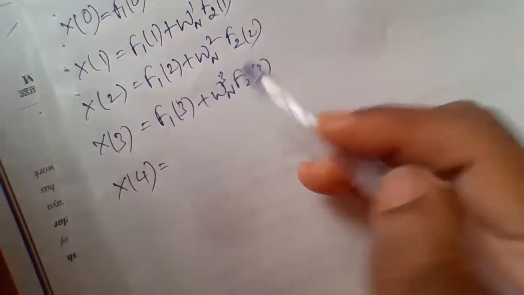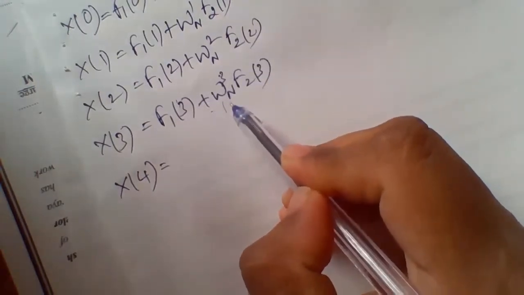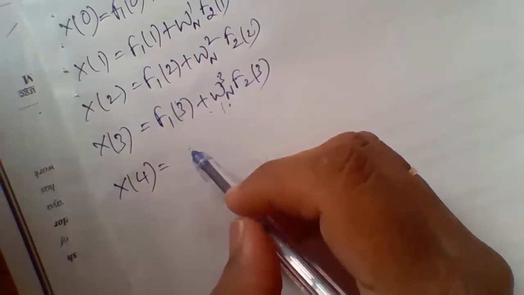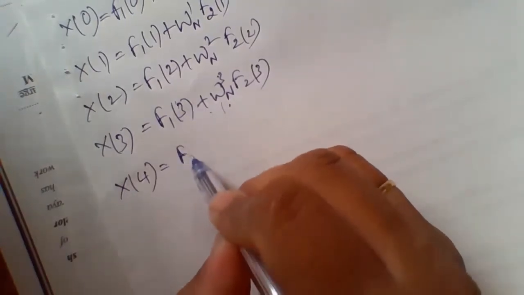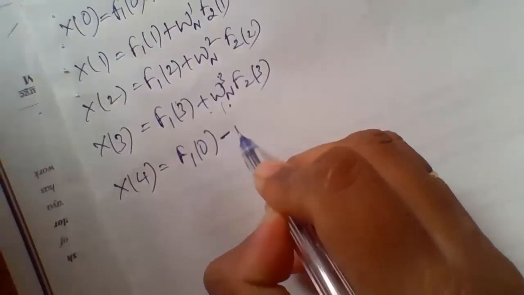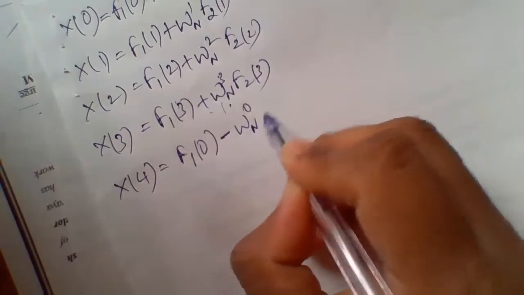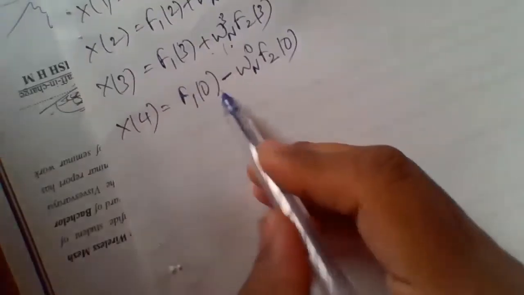That's why there will be a sign change with respect to the twiddle factor. So by referring to the third stage equations, x of 4 I should write as again f1 of 0 only, but here minus w raised to 0 n f2 of 0. Please refer to the third stage equations to understand this.